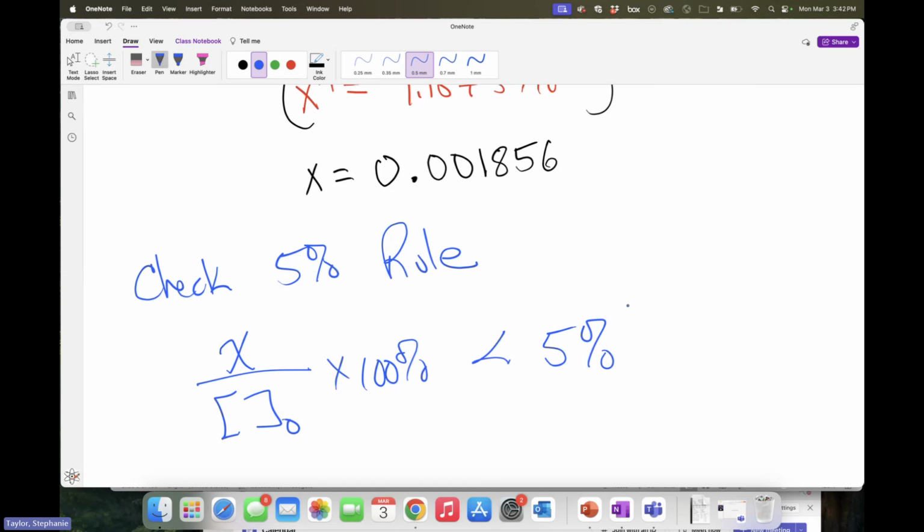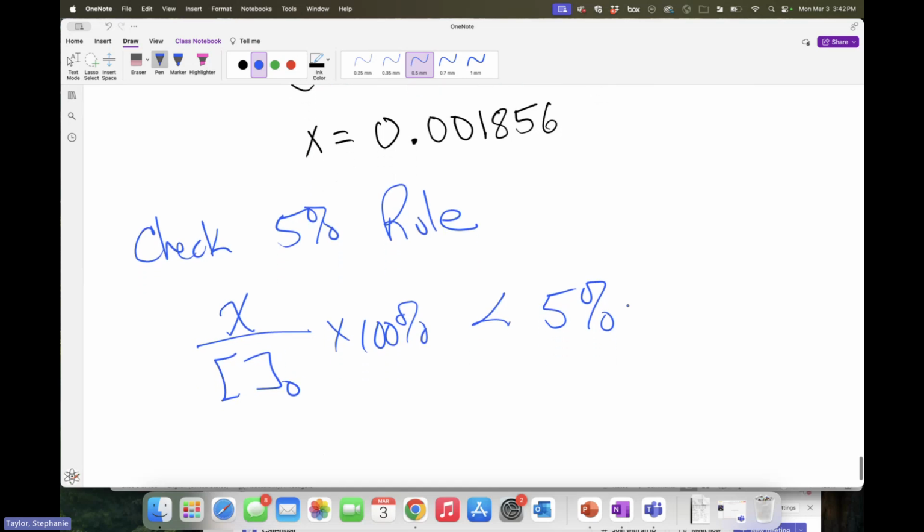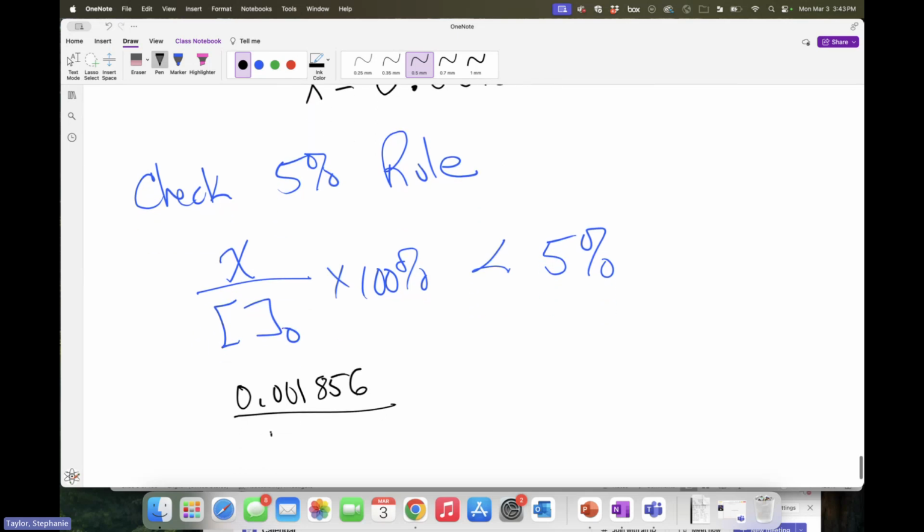This is giving you a different value: instead of a billionaire losing $1, is the change less than 5%? This gives us a little bit more room for error. Your change just needs to be less than 5%. And if the change is less than 5%, we're going to assume that it was small enough that this will work. So all we're going to do is take my x value, 0.001856, and divide it by 0.75, which was our initial concentration. Multiply by 100%.